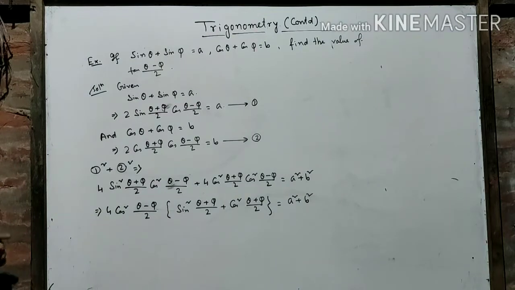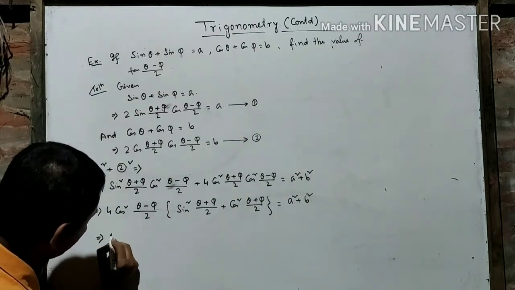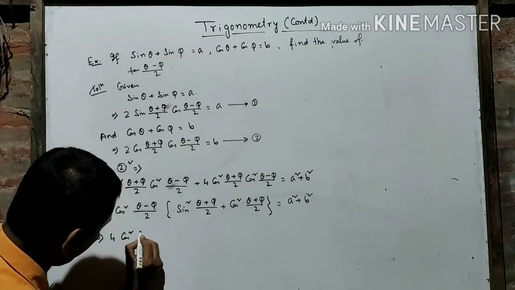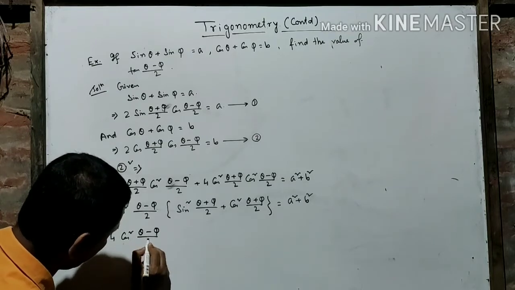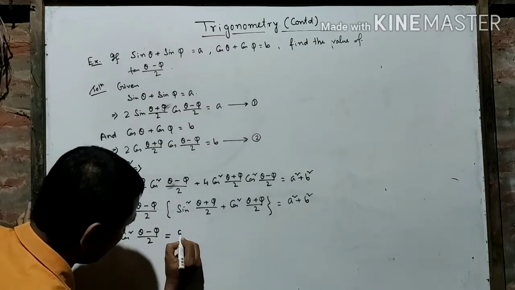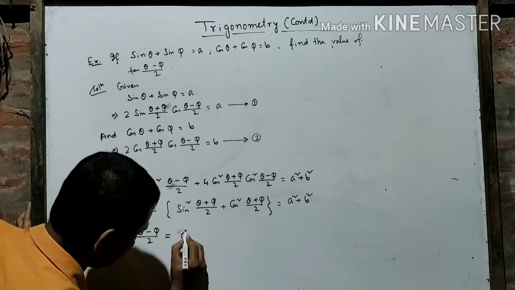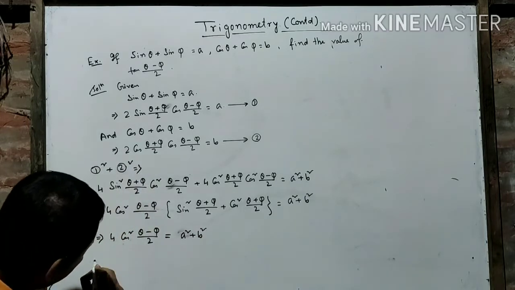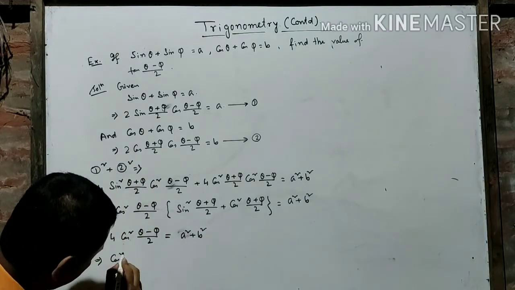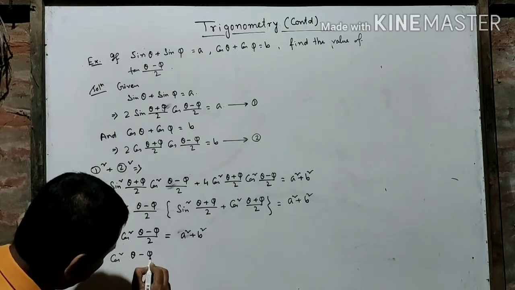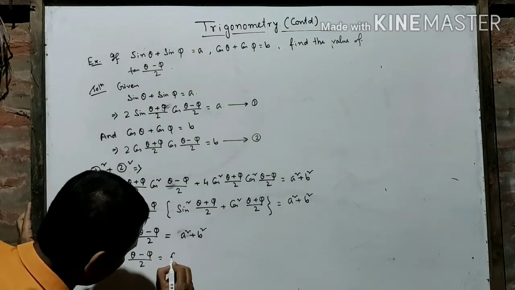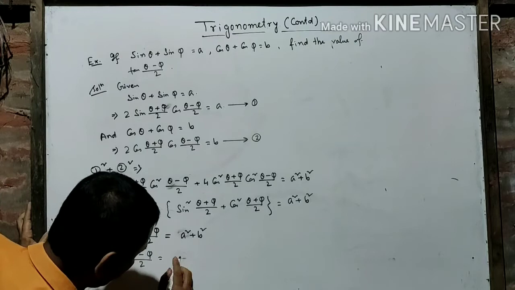We all know it from school. So 4 cos square (theta minus phi) by 2 is equal to a square plus b square. So the value of cos square (theta minus phi) by 2 is (a square plus b square) by 4.